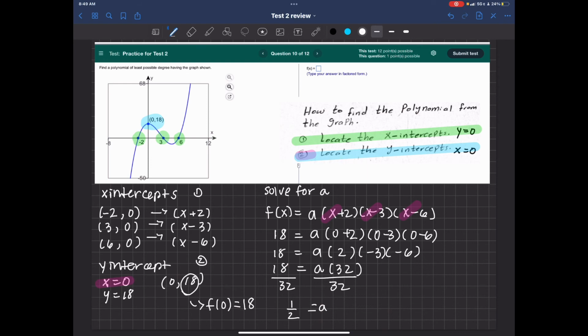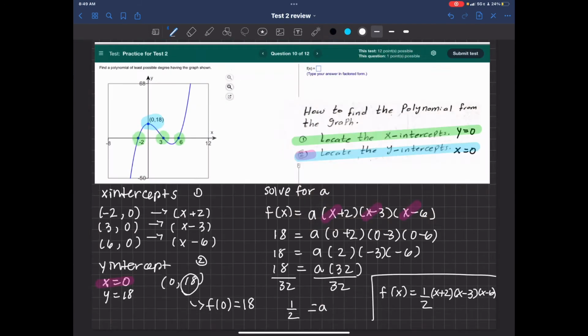All right, so let's put this all together. Our polynomial is going to be f of x equals 1/2 (x plus 2)(x minus 3)(x minus 6). And that is our solution.